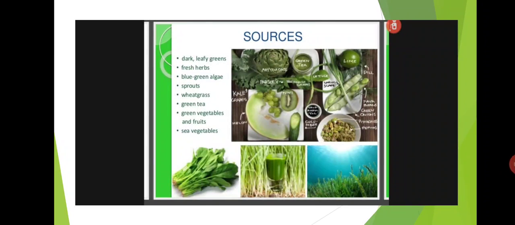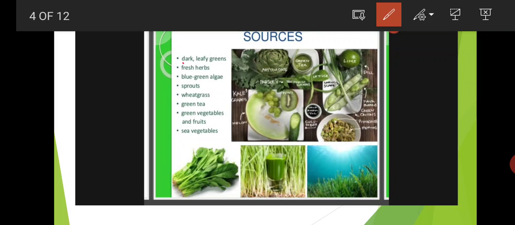Next, the sources of chlorophyll are dark leafy greens and fresh herbs. Fresh herbs also have chlorophyll, and blue green algae also have chlorophyll, as do sprouts, wheatgrass, green tea, green vegetables and fruits, and sea vegetables. These all have chlorophyll.